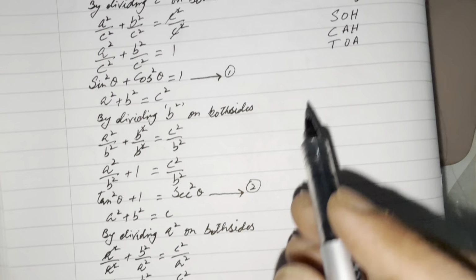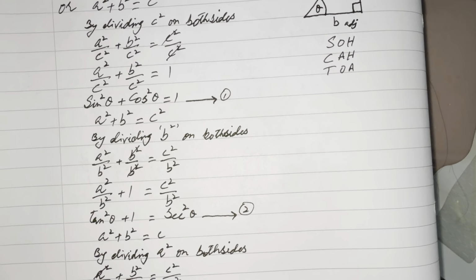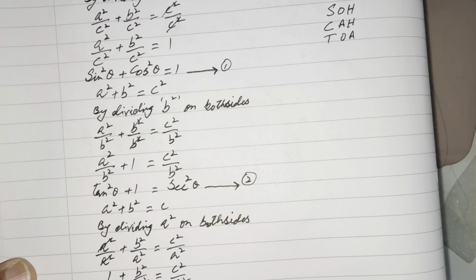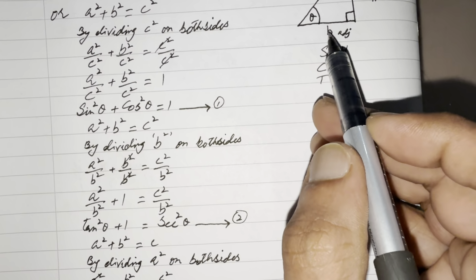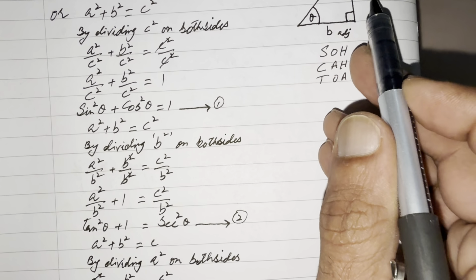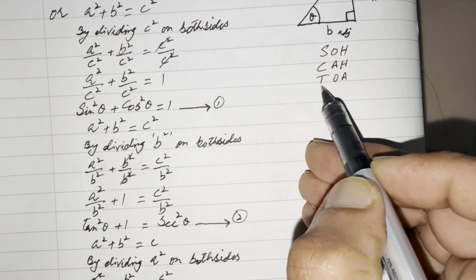Now by using this right angle triangle, we are going to find the third fundamental identity. So that will be equal to 1 plus b square over a square. So let's see, b over a. Opposite over adjacent is always equal to tangent.